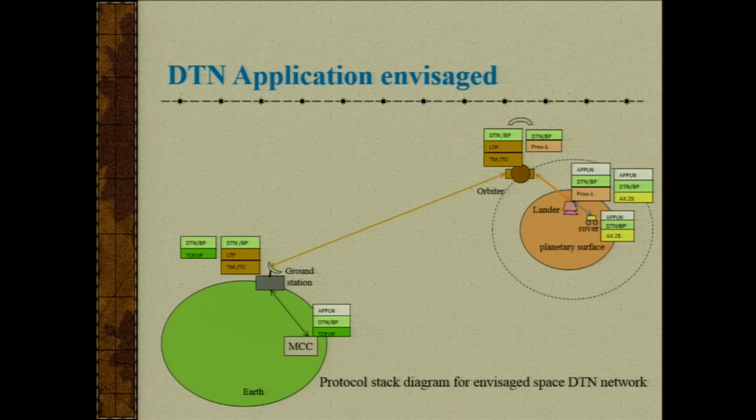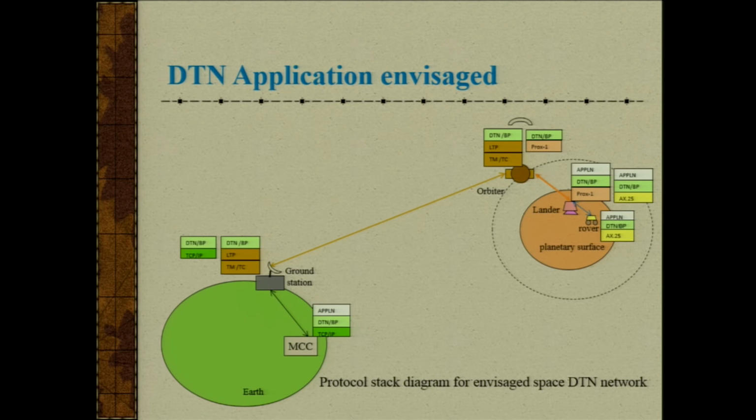So LTP will build data reliability on the telecommand and telemetry link. On the orbiter, on one side we have LTP, and the other protocol stack is on Proximity-1. Proximity-1 will provide a reliable link using its sequence control operations to connect to the lander.